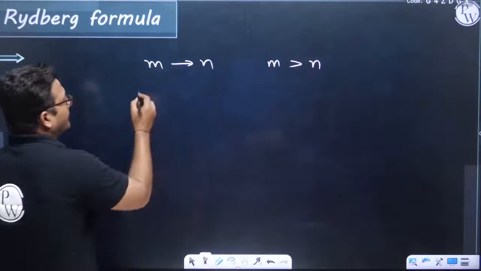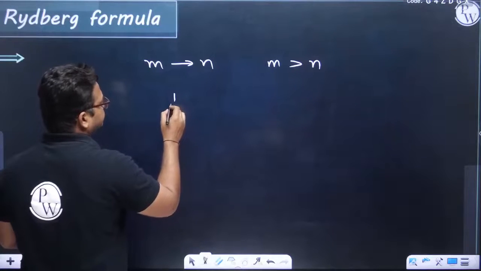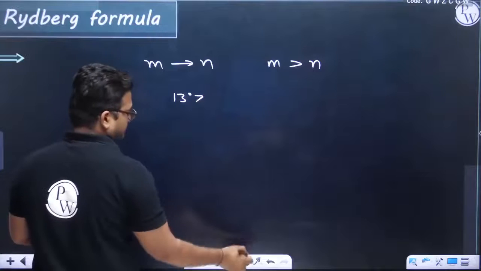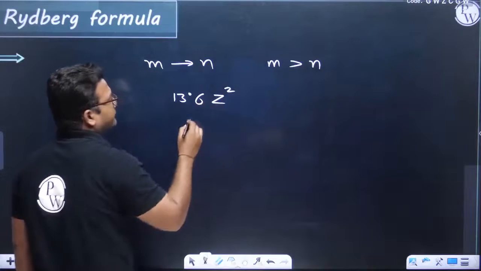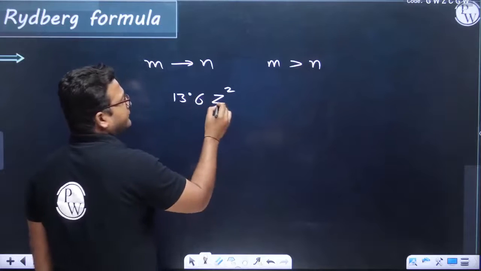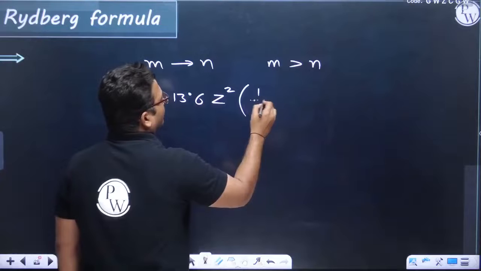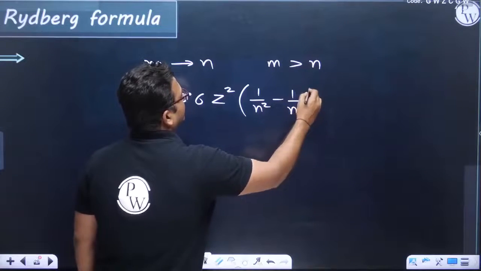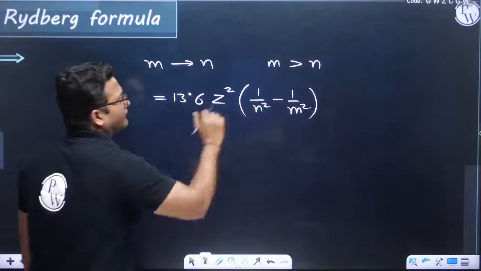So the difference of these two energies is 13.6 Z square, where Z is the atomic number, multiplied by 1 by n square minus 1 by m square. Remember, m is more than n, and this is the difference of energy.